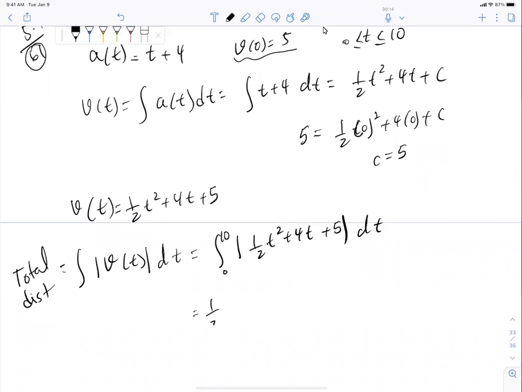Which is 1/2 the integral from 0 to 10 of t squared plus 8t plus 10 dt. Again, 0 to 10.